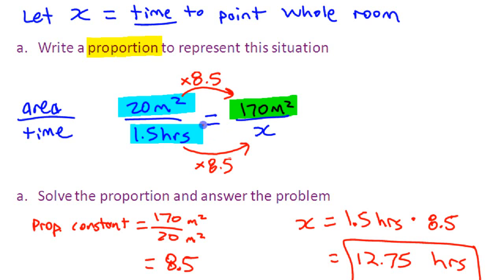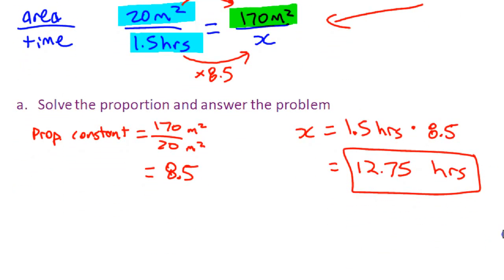Proportion being when you're comparing this rate and this rate, or if you're comparing 2 ratios, that's a proportion. The big thing I think that we still need to work on is how to write a proportion with a variable in it, how to identify the variable in the first place, and then use it to solve the problem.